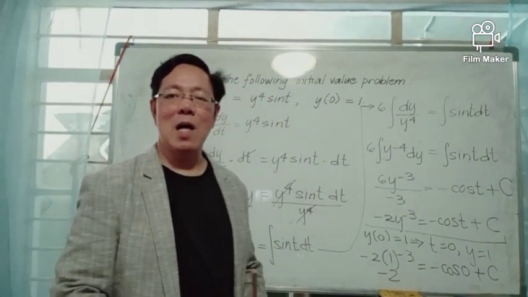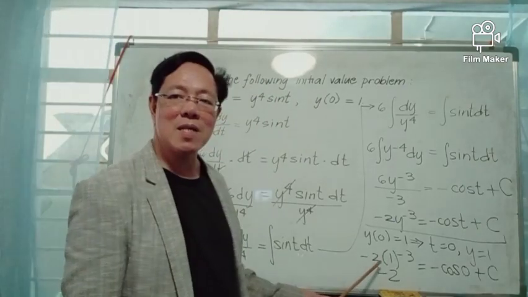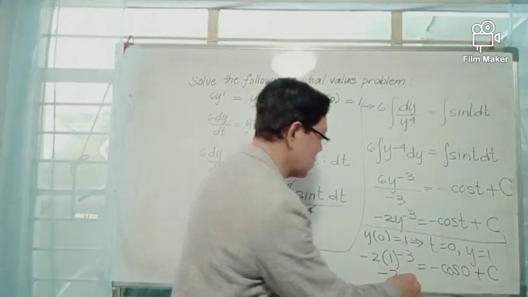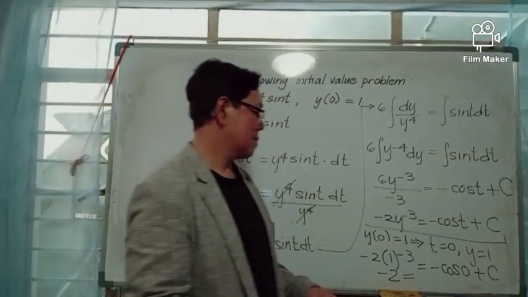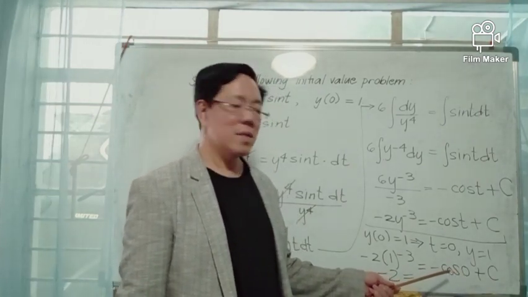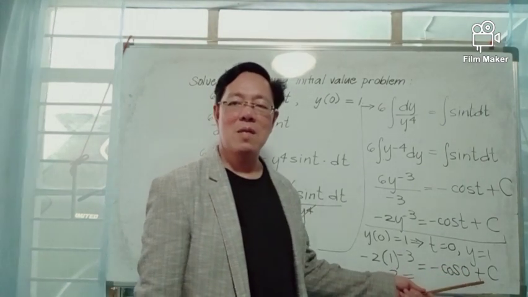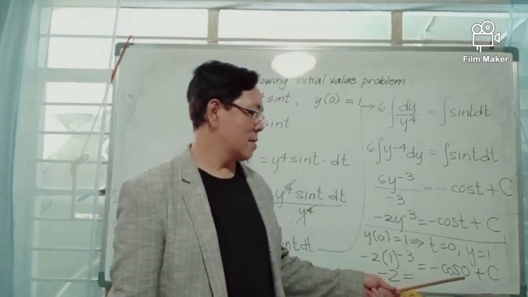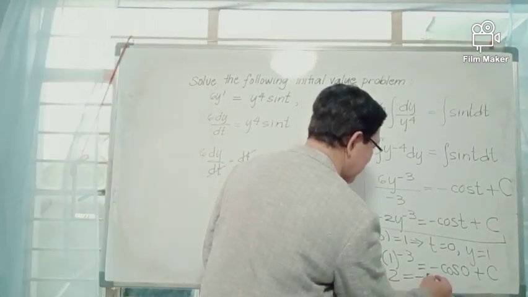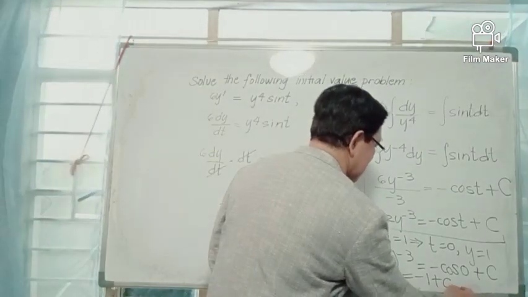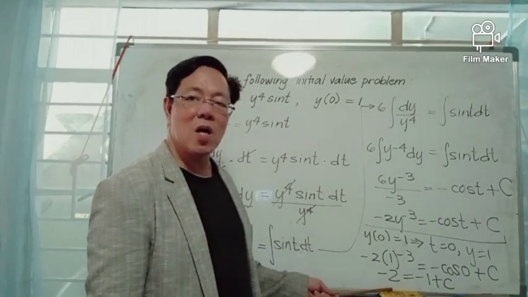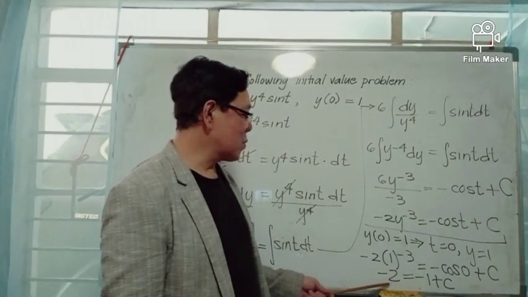Or you can use your calculator to compute the value of negative 2 multiplied by 1 to the power negative 3, which is negative 2. Cosine of 0 is 1. Multiplied by negative, we have negative 1 plus c. Therefore, from this equation, the value of c is equal to negative 2 plus 1.